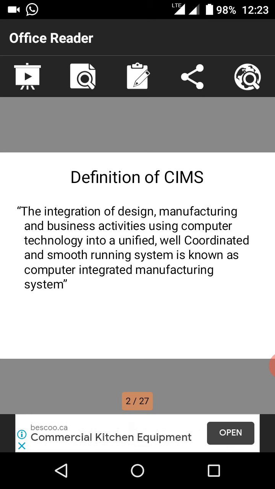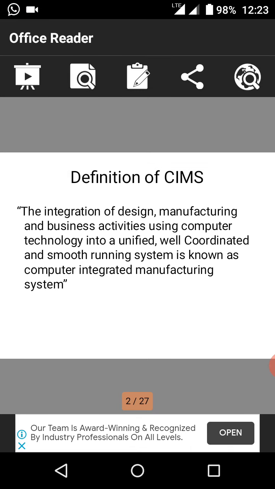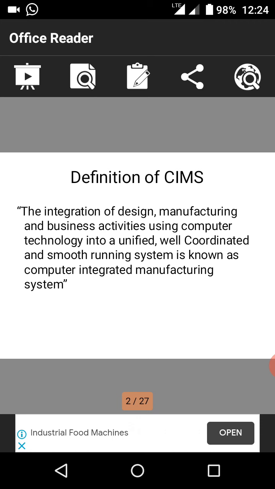So, what is the definition of CIM? Definition of CIM means a system which consists of a group of NC machines connected together to an automated material handling system and operating under computer control.